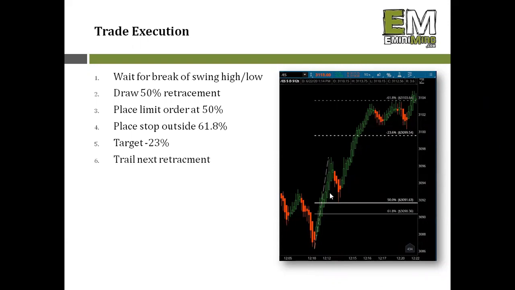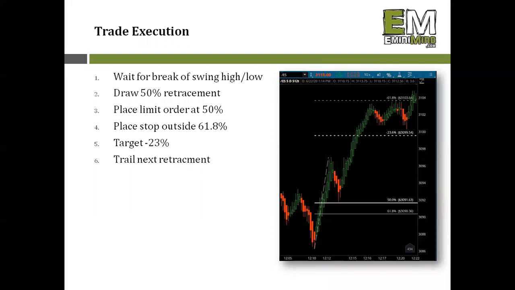Once you get to the -23% retracement, trailing your stop becomes really beneficial. So if you were targeting the -23.6, let's say you had 100 shares and you took 50 shares off at the -23.6.